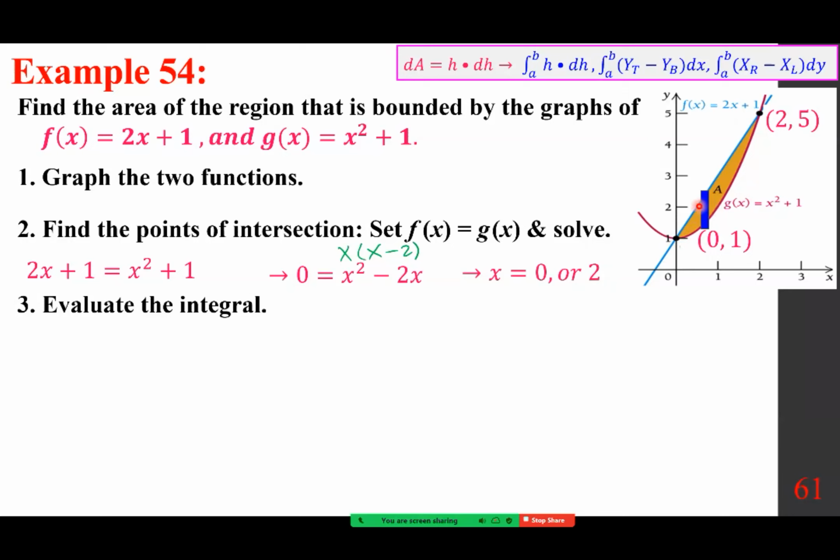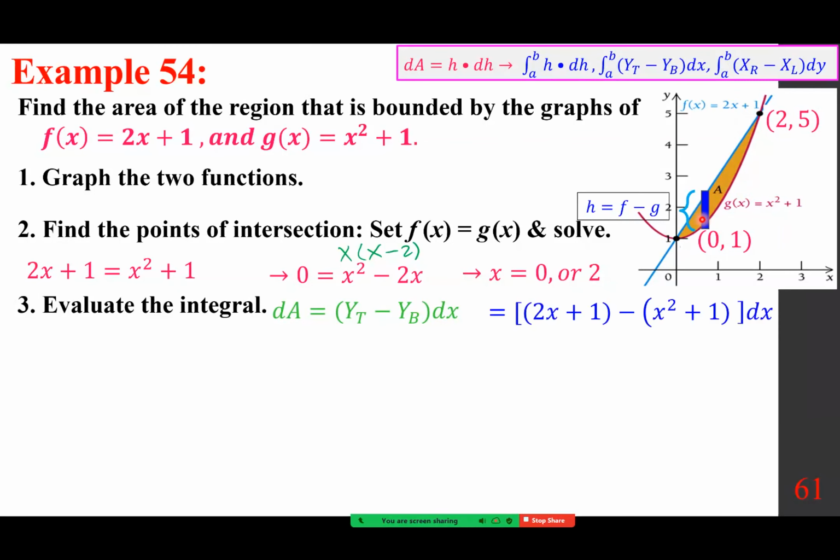So 2x plus 1 minus x squared plus 1. And this increment, we're going to move this along the x-axis. So this is dx. So this is the height, f minus g, and this is the width, dx.